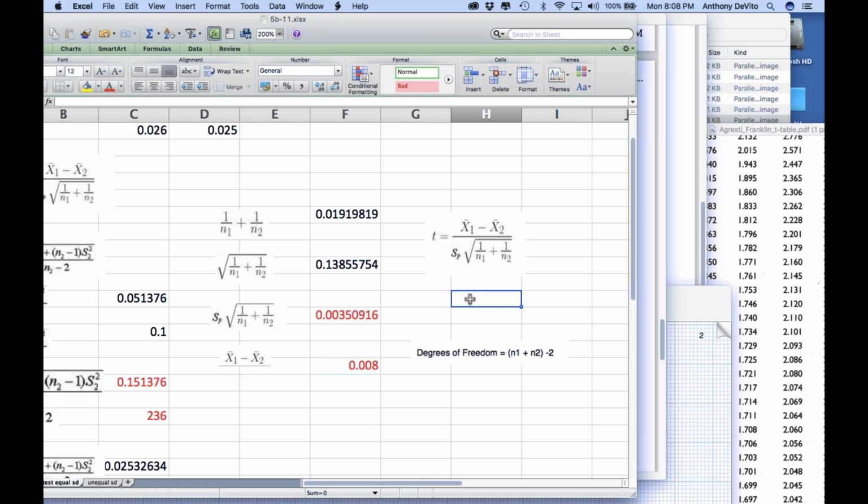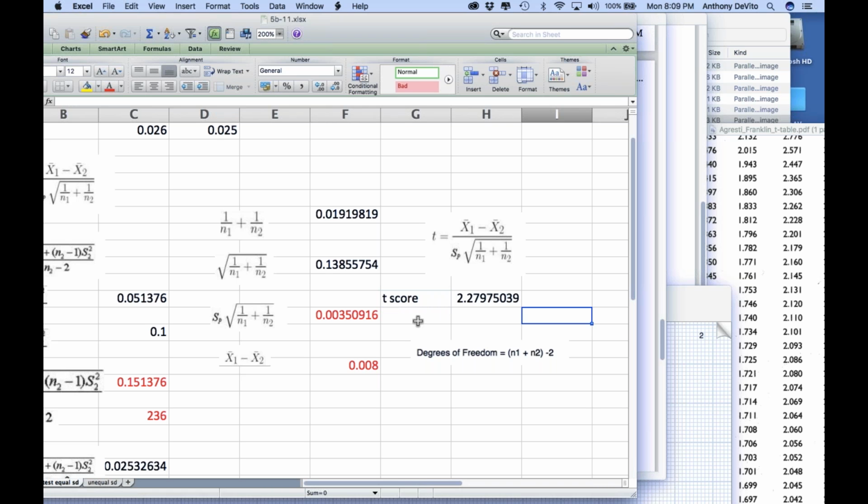So our t-score is equal to 0.08 divided by the standard error, 0.0035. So I wind up with a t-score of 2.2797. Can I reject my null hypothesis?